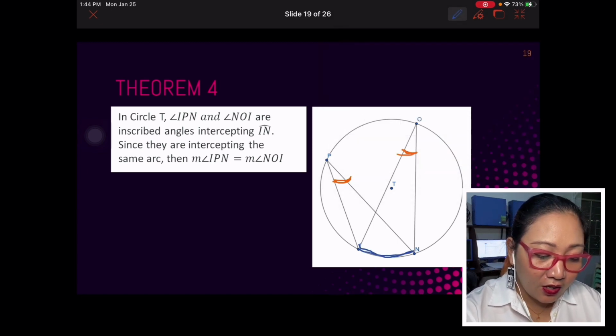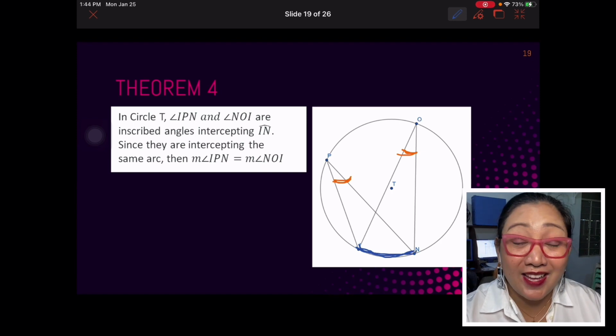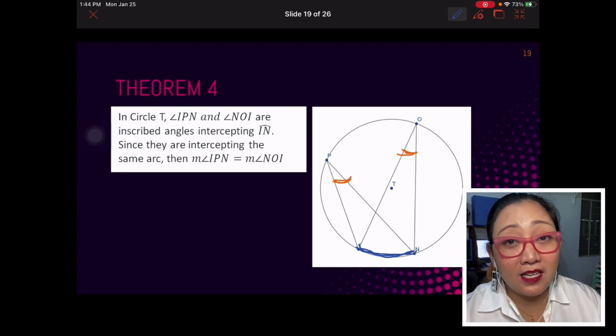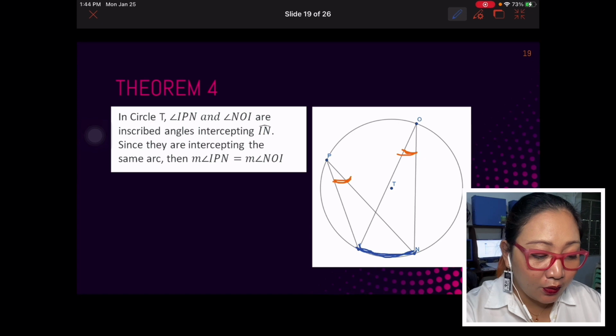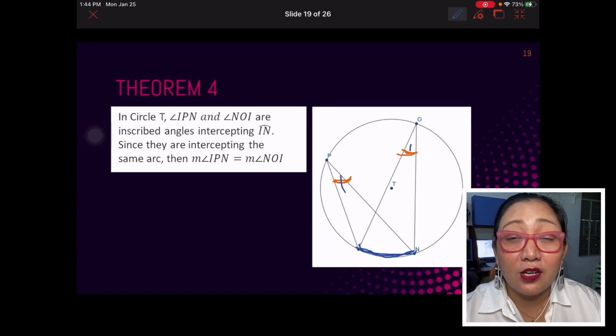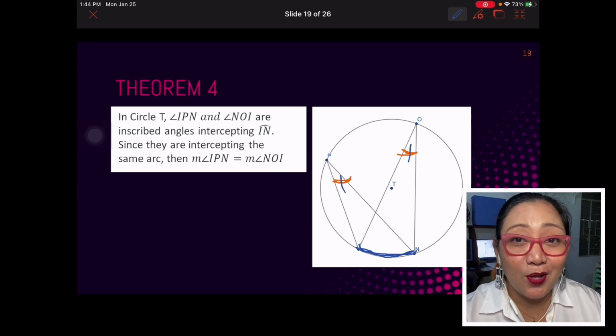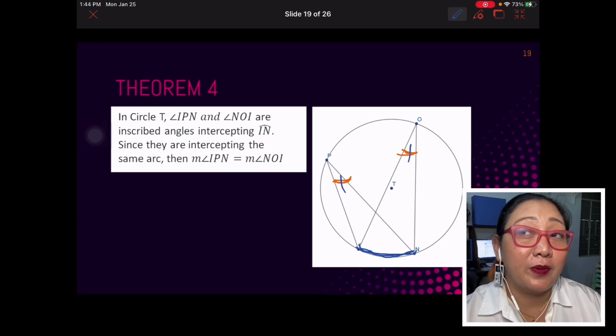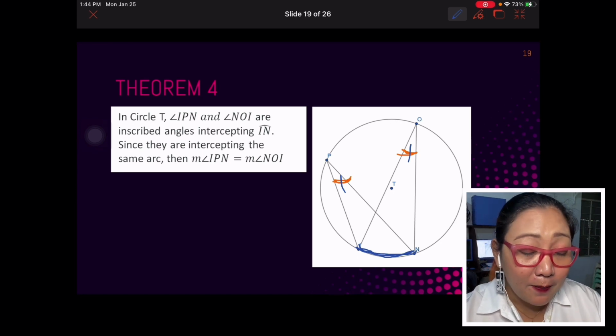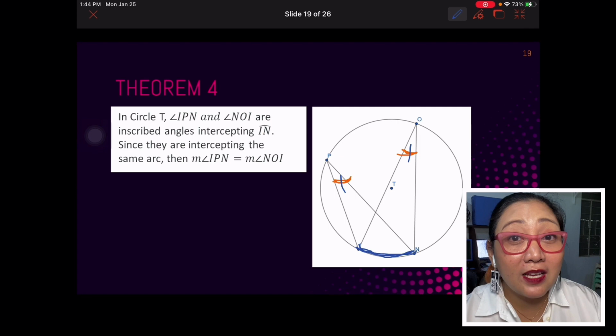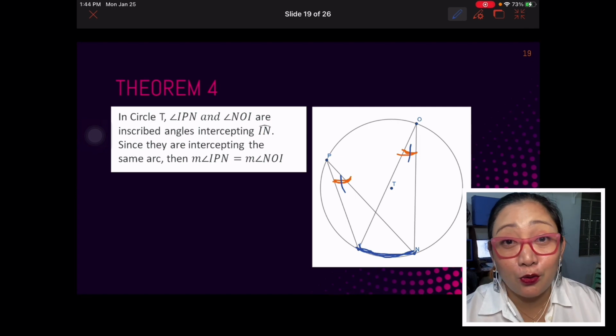Okay? And that is arc NI or IN. Now, since iisa lang ang kanilang intercepted arc, we can conclude that these two angles are actually congruent. Okay? So, yun po yan. Kapag meron kayong dalawang inscribed angle na pareho ang kanilang intercepted arc, then those two angles are congruent.